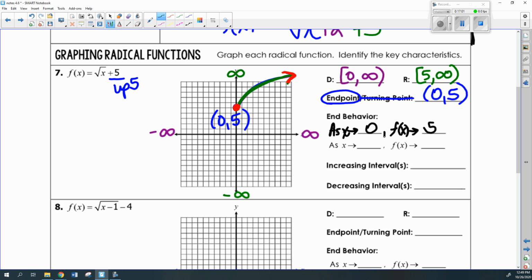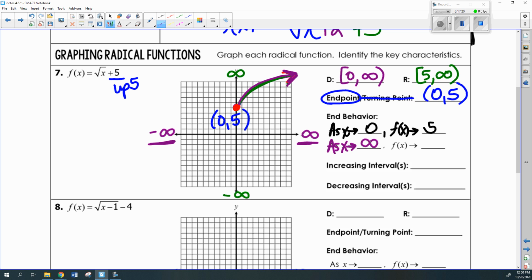All right, but for the other end, it's an arrow. So remember when you fill in the x stuff, you want to know, is the arrow pointing right or left? If it's pointing left, you would use negative infinity. If it's pointing right, you would use positive infinity. Since this arrow is pointing right, we're going to use positive infinity.